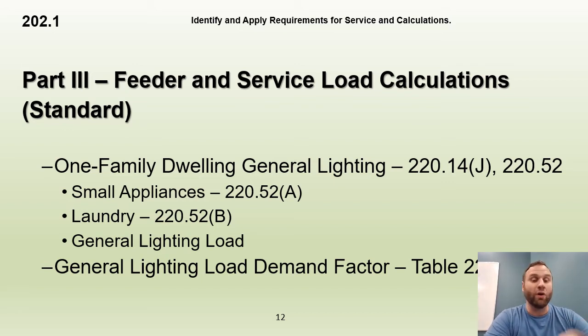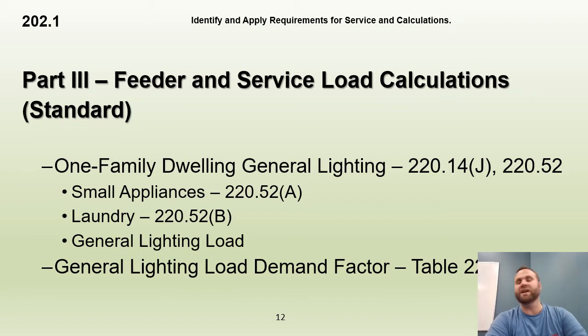Now I can have more than just 2 small appliance circuits, but at a bare minimum I have to have 2. So at the very least, I'm including into my 3 VA times my square footage 1500 voltamps for each small appliance circuit and 1500 voltamps for each laundry circuit.